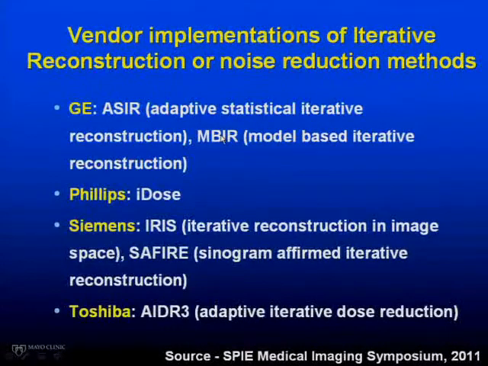Some are hybrid methods, which mainly do iterative denoising in the image space, but aided by some properties in the sinogram domain, like the Siemens SAFIRE. And some are purely denoising methods, either in the image domain or in the raw data domain.